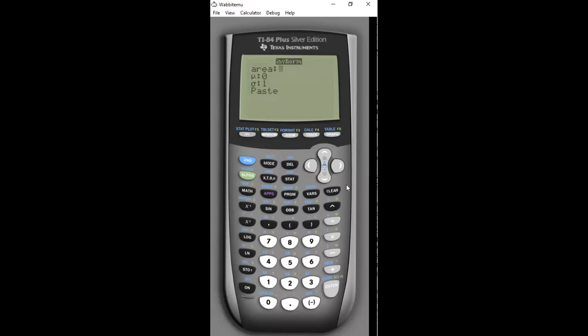Remember, the area is to the left, so the red area is 0.15, which means the area to the left will be 0.85. Now my mean here is 170 and my sigma is 20. Let's take a look at what we have here. I got 190.72. All right, so let's go back to our practice exam.